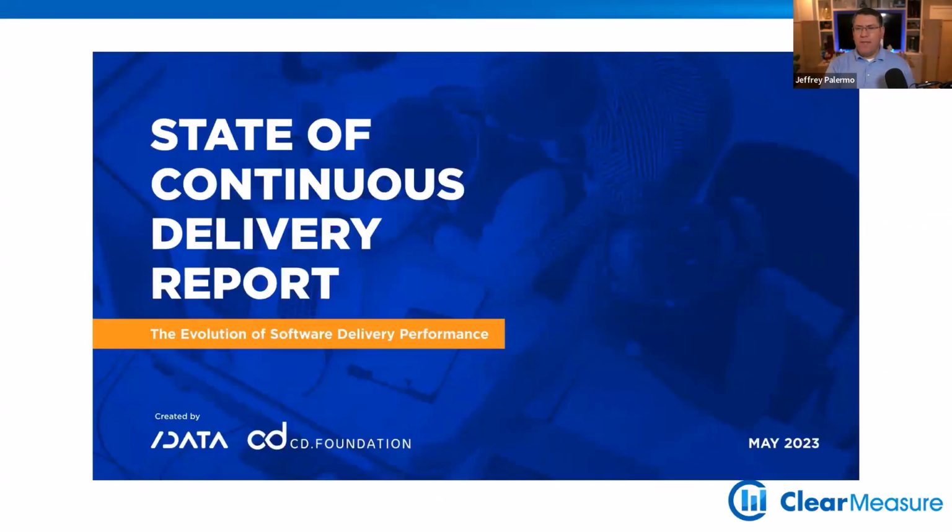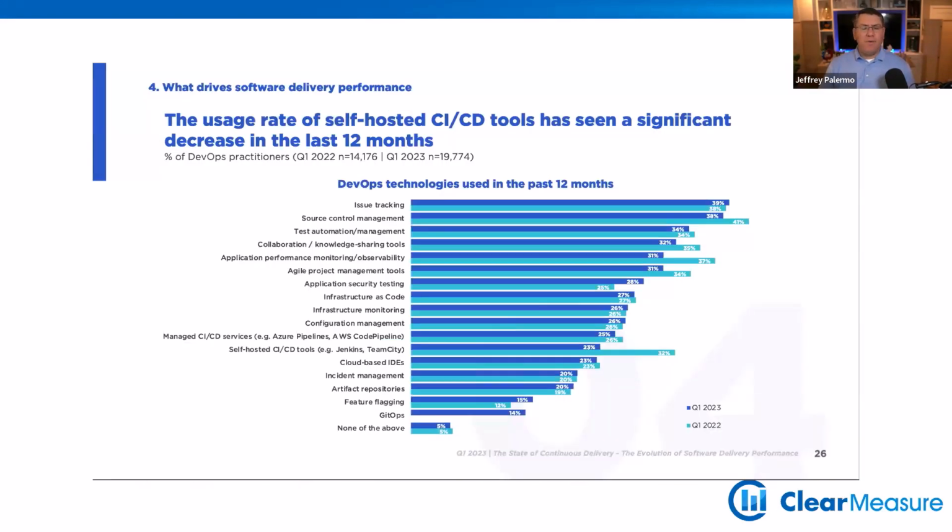All right. The Slash Data and Continuous Delivery Foundation have done just this year another State of Continuous Delivery report. I thought a few of the elements would be interesting to this crowd. And we shared some of this on the joint webinar that we also did with Octopus Deploy, which also partners very heavily with TeamCity, and those products work really well together, and you'll see a DevOps environment with that as a combination.